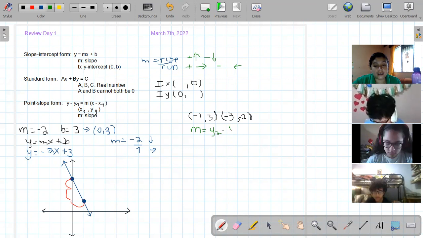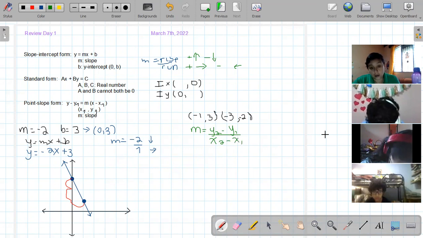The formula to find the slope when we have 2 given points is m equals y2 minus y1 over x2 minus x1. Now I just identify each point as x1, y1, and the other point as x2, y2.